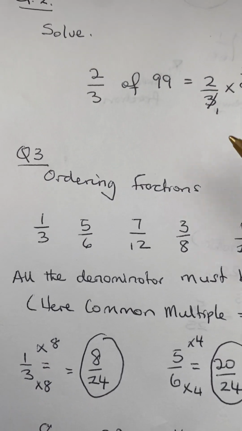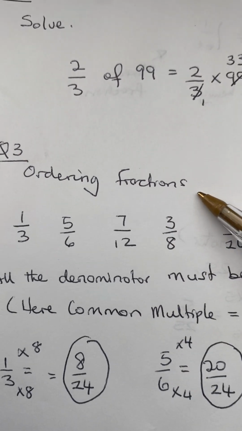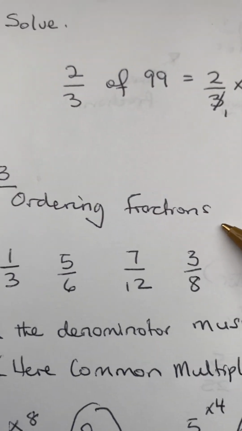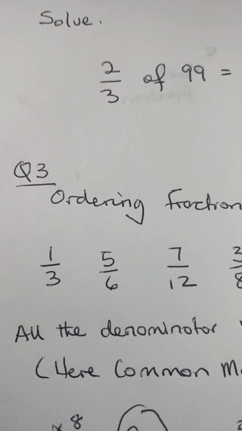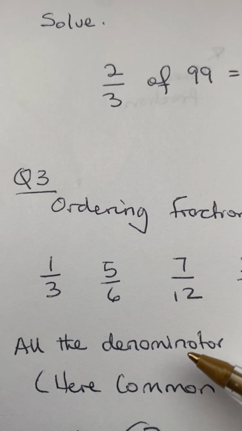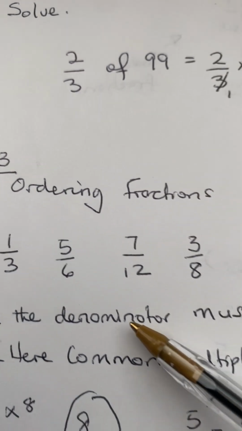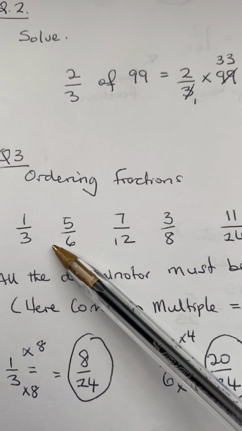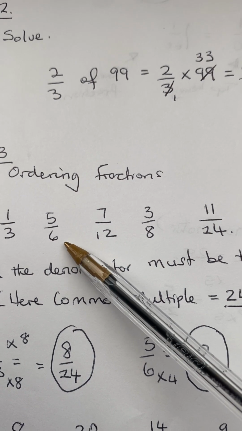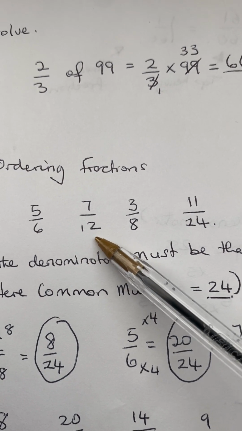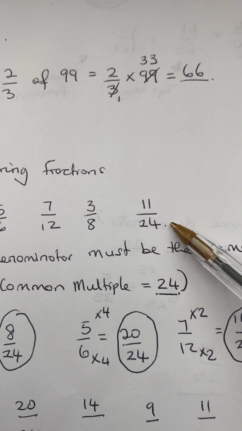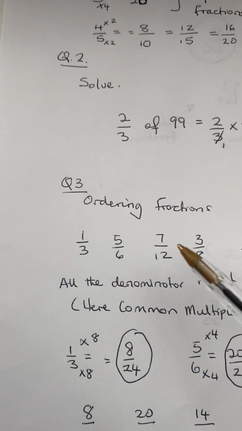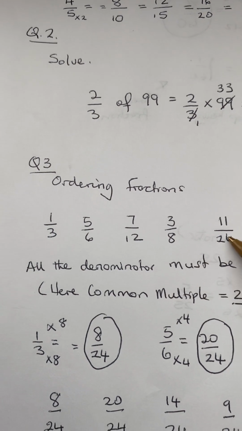Question number 3, ordering fractions. You remember we did ordering whole numbers yesterday. Here, if you want to order fractions, you can look at the fractions: 1/3, 5/6, 7/12, 3/8, 11/24. A lot of fractions.